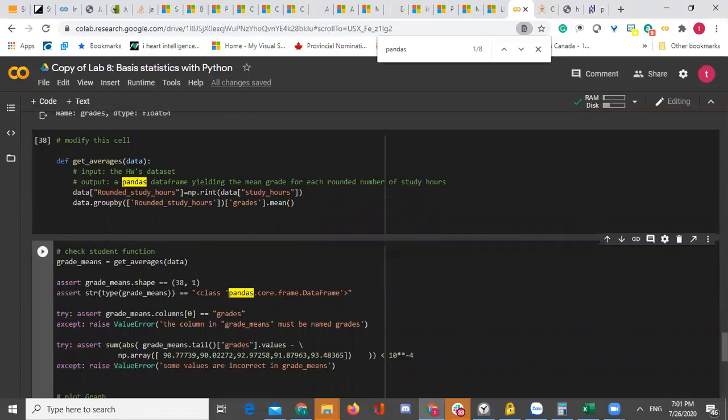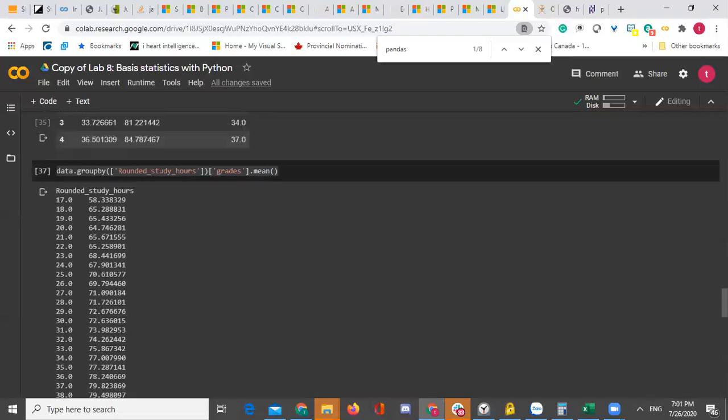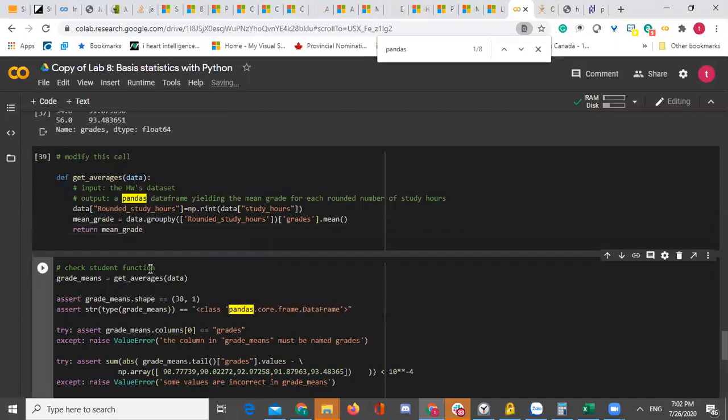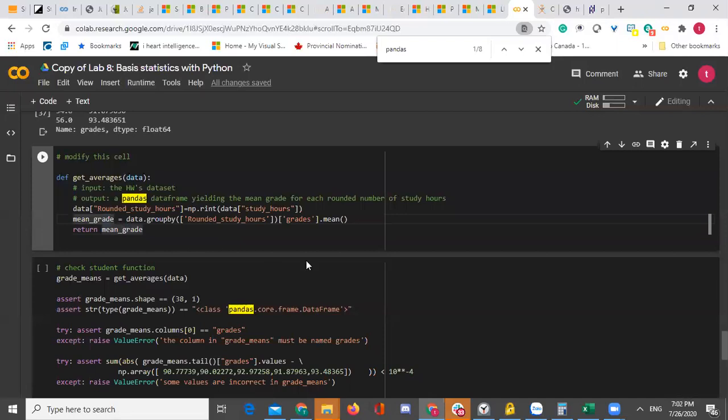Wait, can you go up? I want to see what the function should return. Oh yes, that's right. I always forget this. Returned. Let's see. We have to name this mean grade. Go up to see if it's in the right format.